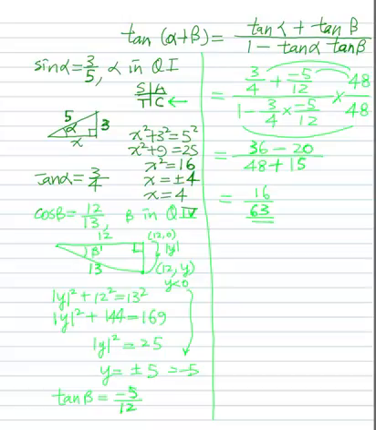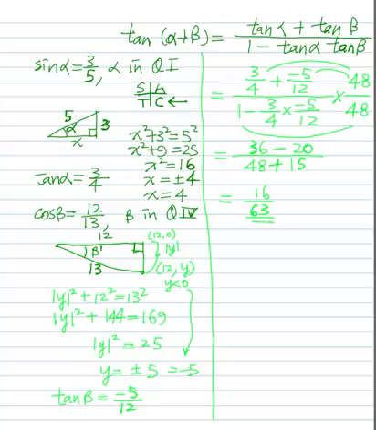We are also given that cosine of beta equals 12 over 13, and beta is in the fourth quadrant. We have to be a bit more careful and remember that in the fourth quadrant, only the cosine function out of sine, cosine, tangent is positive.